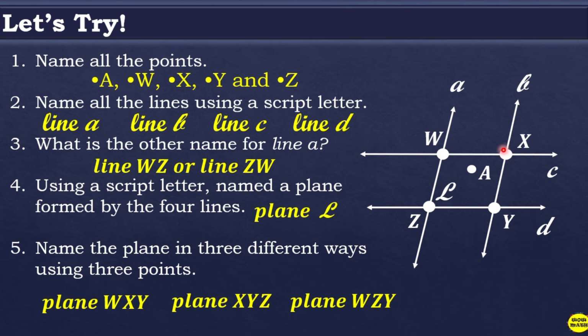Okay, so marami pong pwede using 3 points. Kapag naman name the plane using 4 points, then wala na pong iba yon. W, X, Y, Z lang po yon.